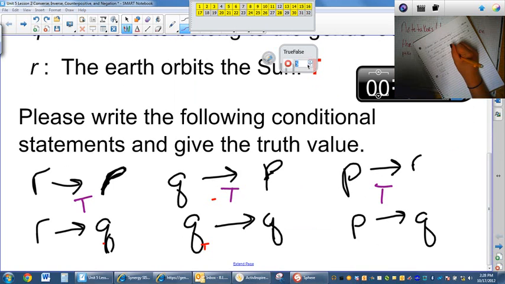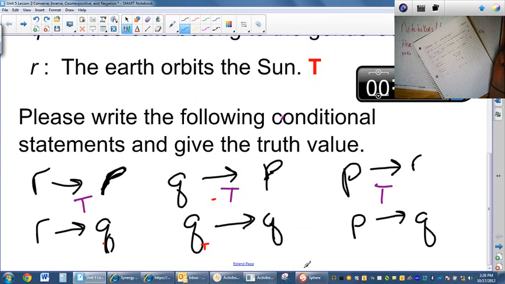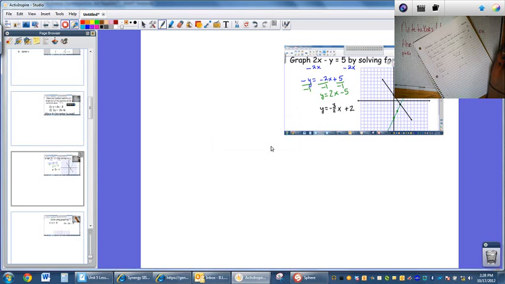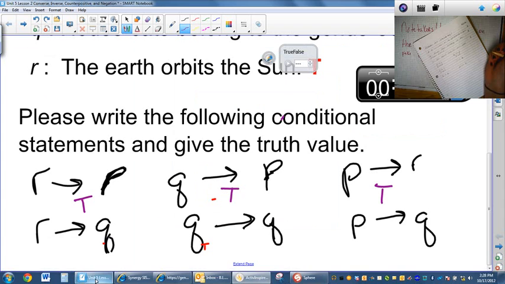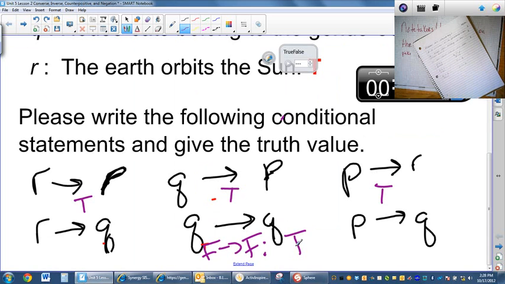We got 5 seconds. True. Good. Because this is if false, then false is true. And do if P, then Q. Go ahead and tell me if P, then Q. You have 10 seconds.